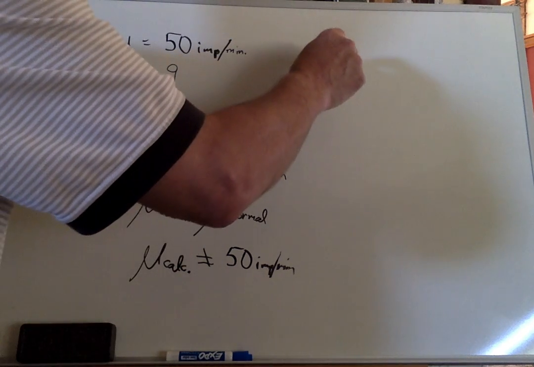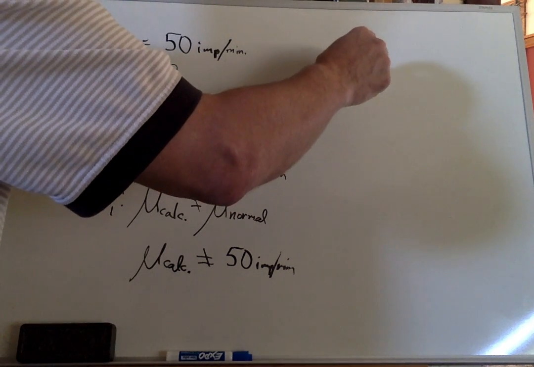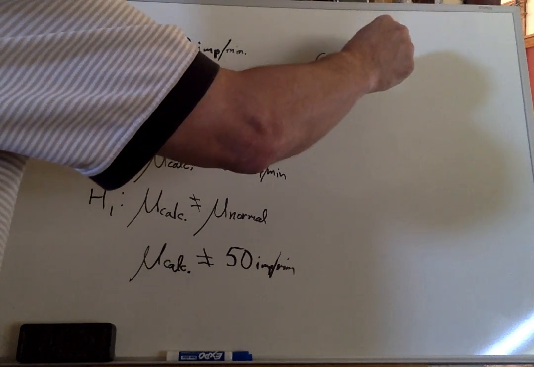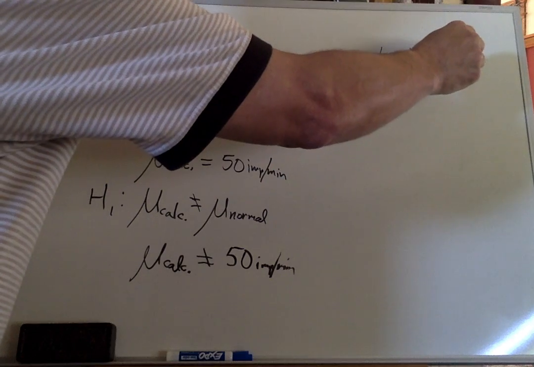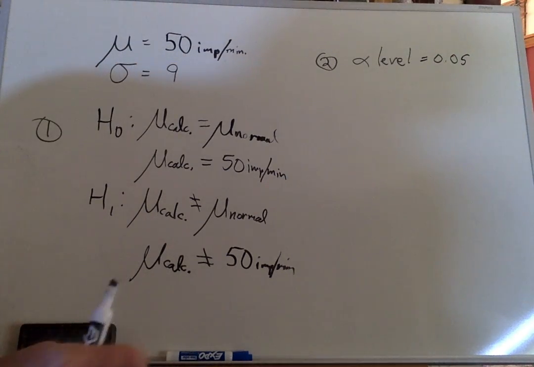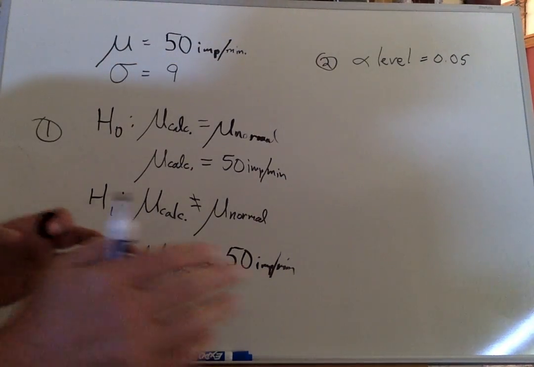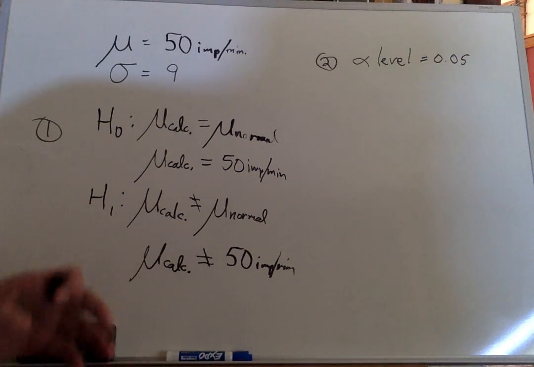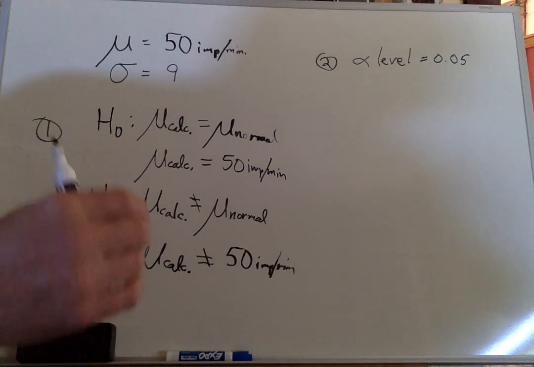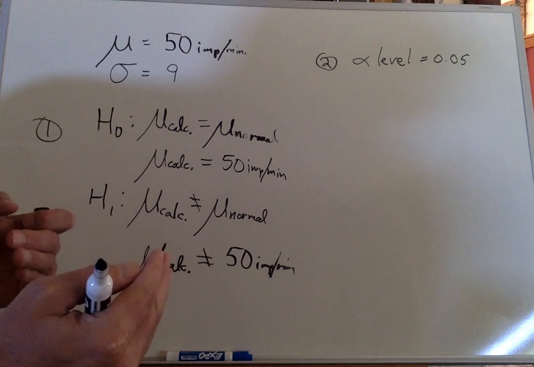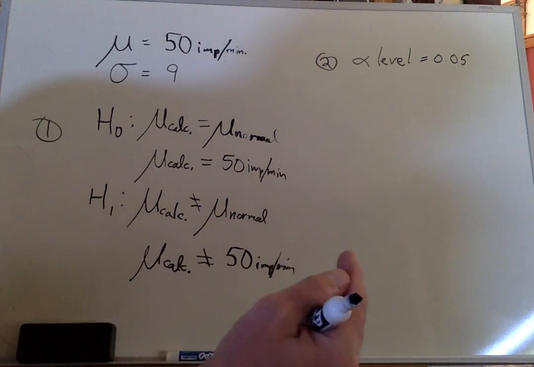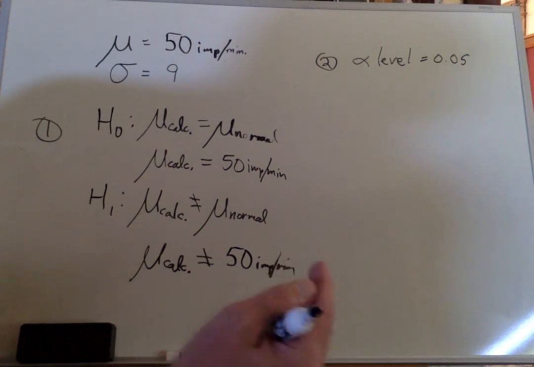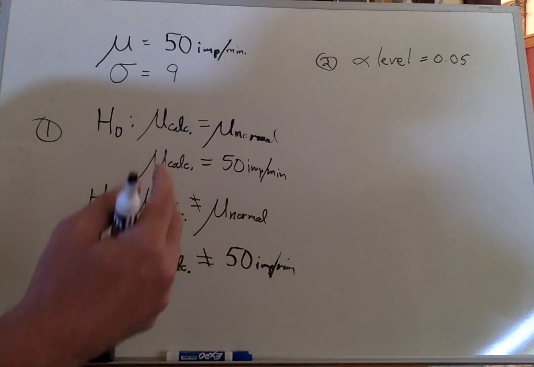Step two would be, of course, setting your alpha level. And again, this is the extreme where we're going to make a decision about whether to reject the null or not. That is, we're going to see if, after we put the calcium in, the cells are out in the extremes of what would be considered normal firing rate.